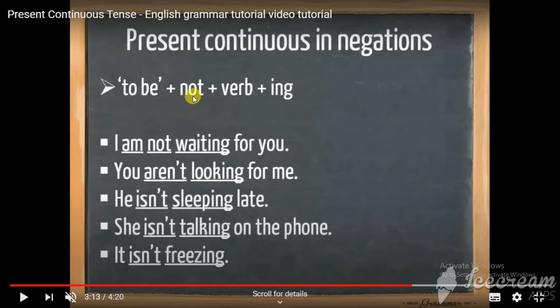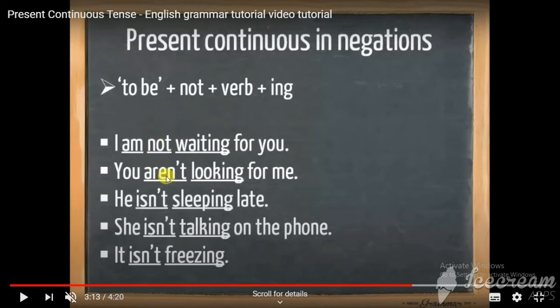In present continuous, we have the helping verb to be. So we only add not after the verb to be. Look at the examples. I am not waiting for you. We added not only. For negative sentences, we add not only.